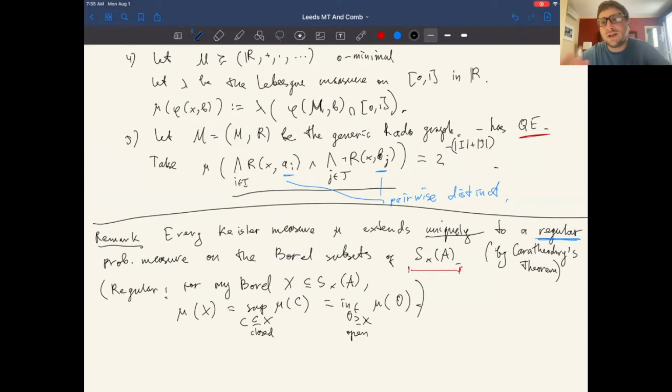It's a technical condition, so let's not focus on it too much. But there is this unique extension, and so each Keisler measure can be naturally viewed as a sigma additive measure on the Borel subsets of the space of types.